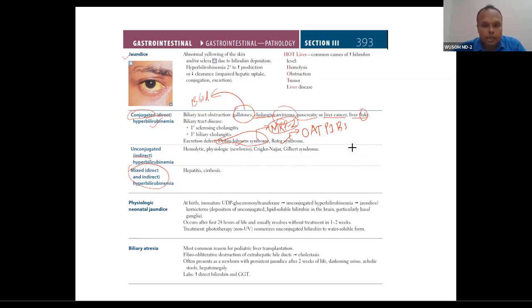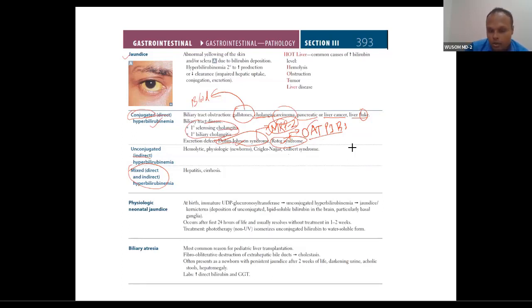This protein is defective here. It takes up the regurgitated conjugated bilirubin and excretes it. We have already done these transporters. A defect in this transporter will cause conjugated hyperbilirubinemia.